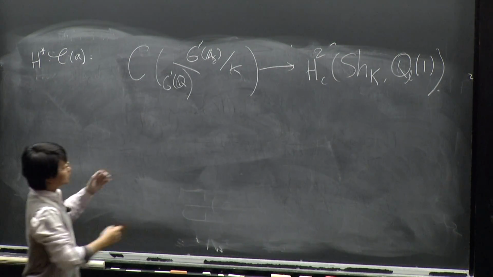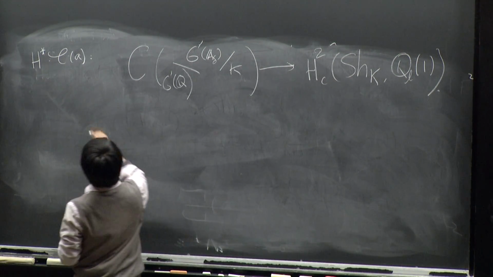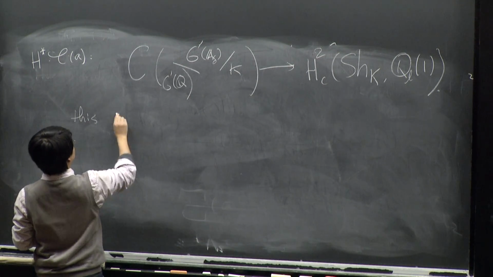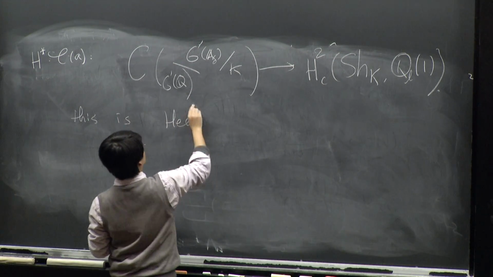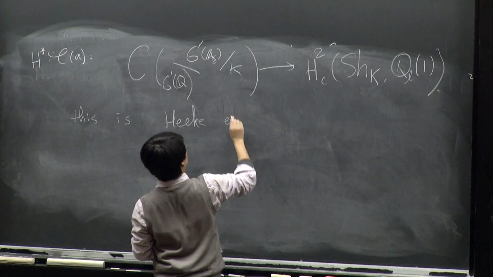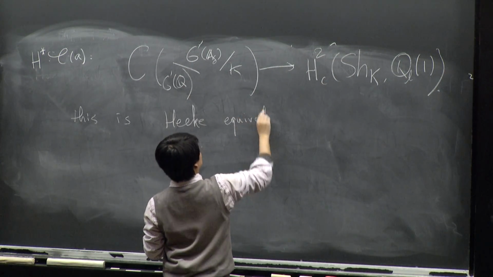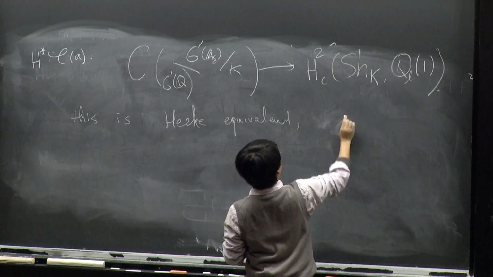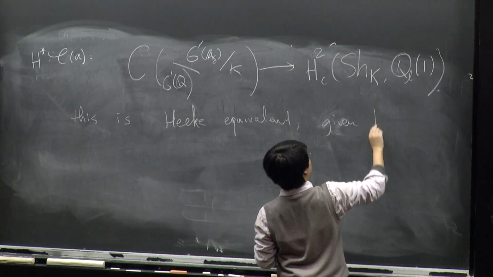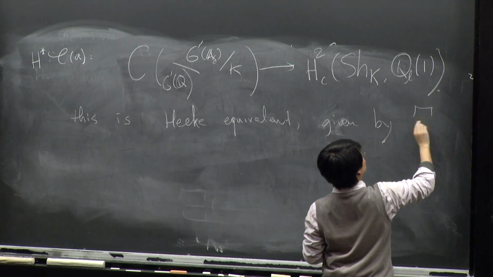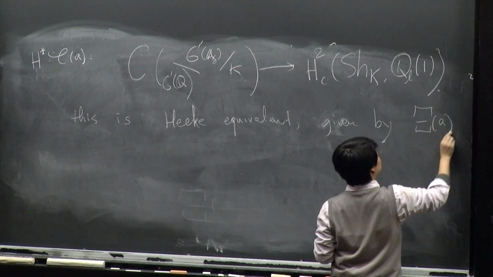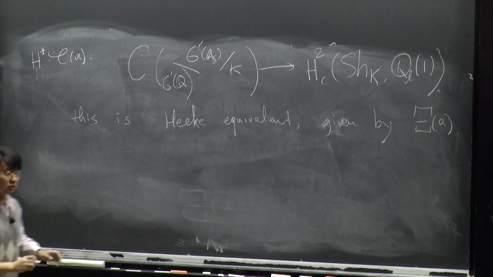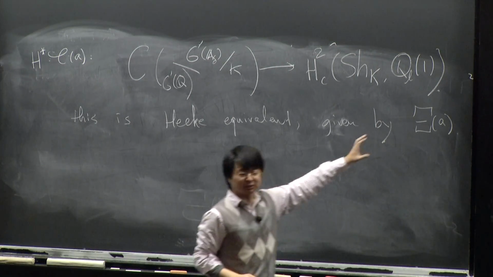So the claim is this is the Hecke equivariant map given by... Okay, so this is still not very explicit.